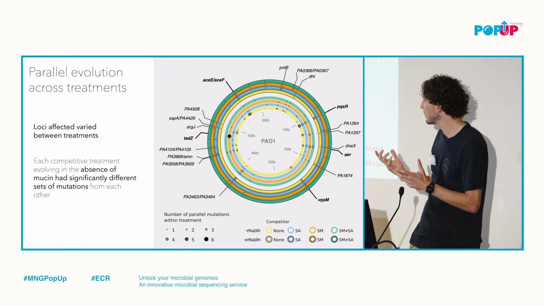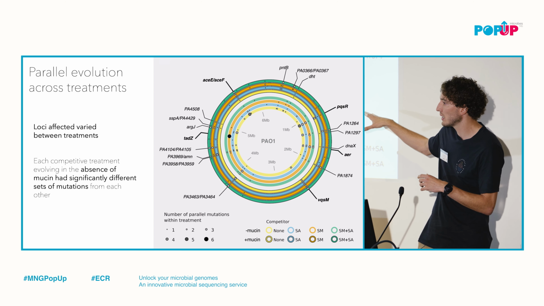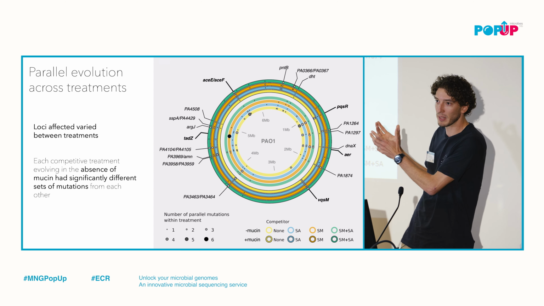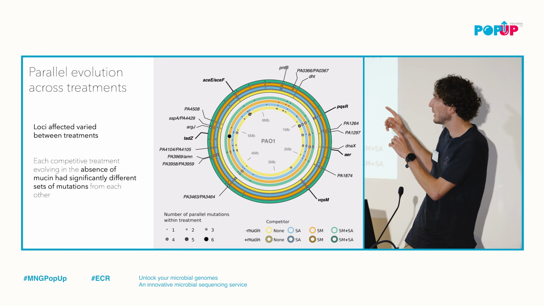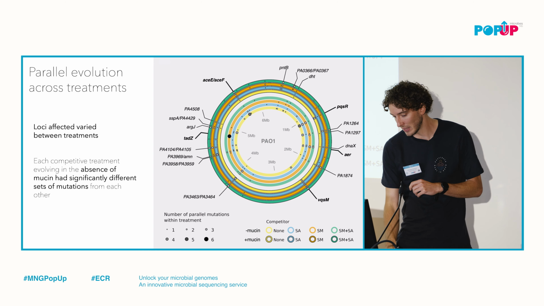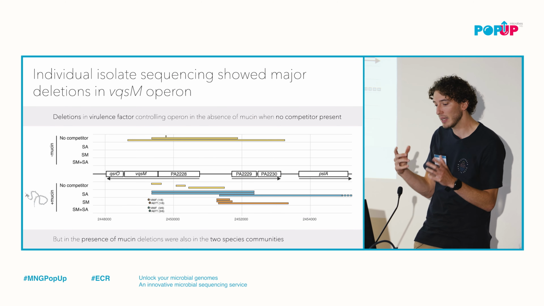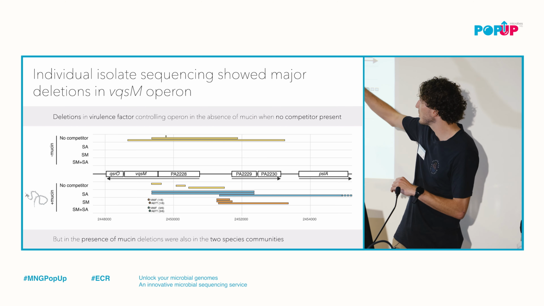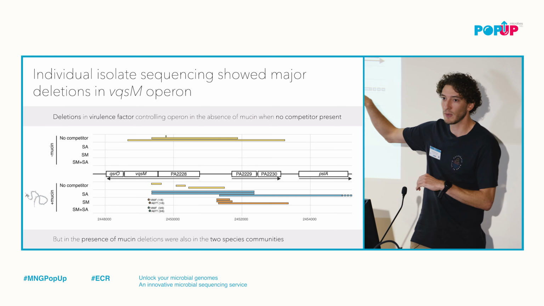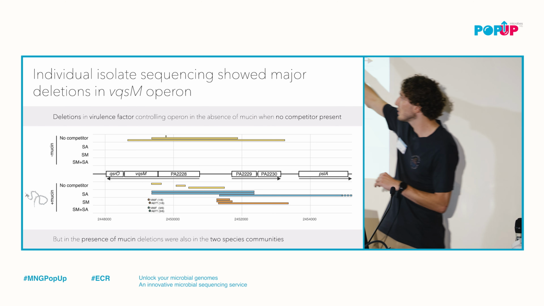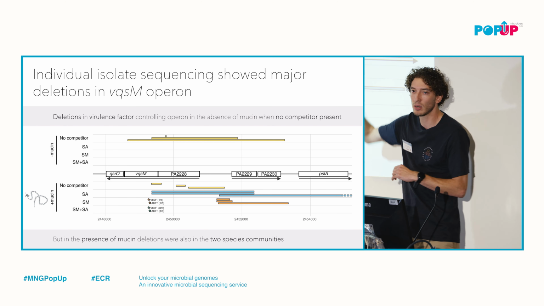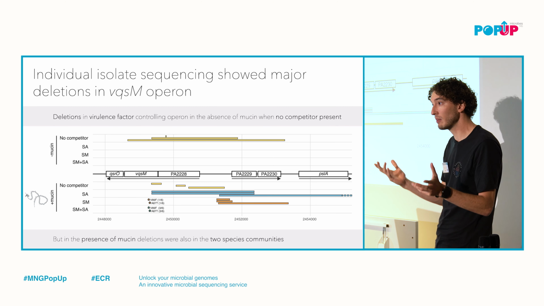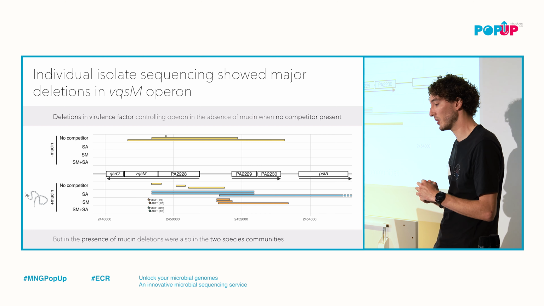So we wanted to dig down and ask, what exactly are these mutations, what effect are these mutations having? This is a whole population genomics. We can't really tell linkage, so we sequenced individual isolates to ask what was going on. And when we did, we noticed something really interesting. In this VqsM, which is an operon, a master regulator of virulence factor production, in the absence of mucin and the absence of competition, we saw really large deletions within this operon, which can profoundly alter the virulence factor production.